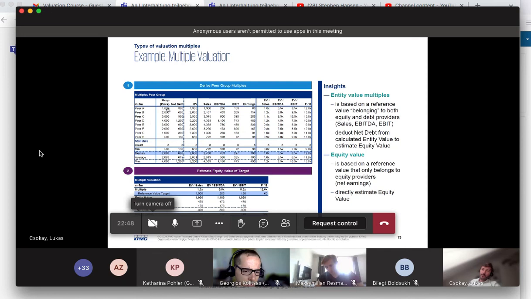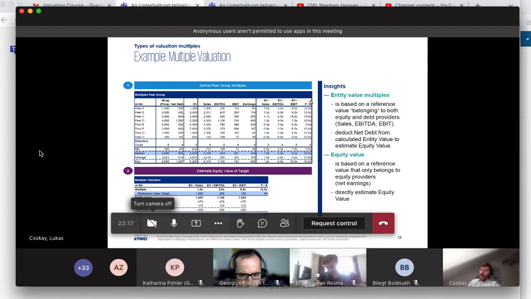Then we add our net debt, meaning debt less cash, and we get our entity value. That's important for the entity value multiples. So market cap plus net debt is equal to entity value. Then we have sales, EBITDA, and EBIT figures, and we can calculate EV/sales, EV/EBITDA, and EV/EBIT.